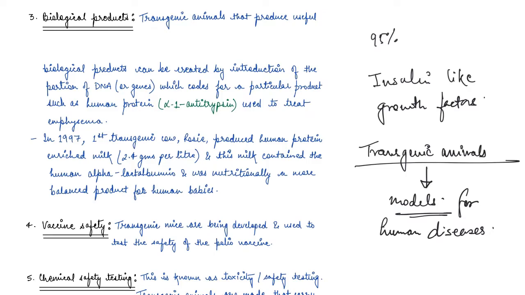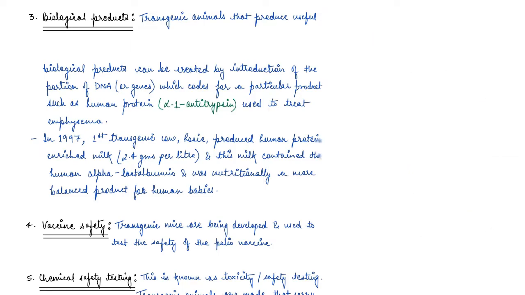So there is an example here, guys, of a biological product. What is that example? Let's see that. That example is of alpha-1 antitrypsin. Okay, so this is a human protein.